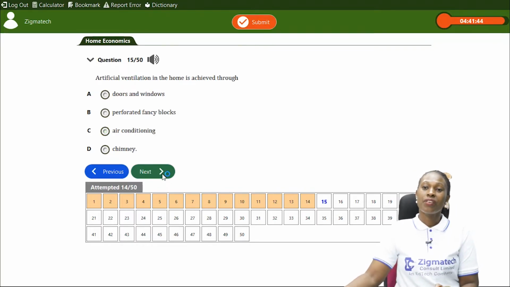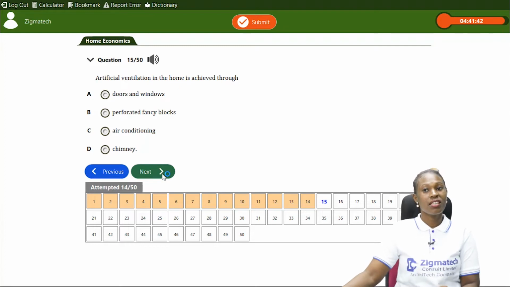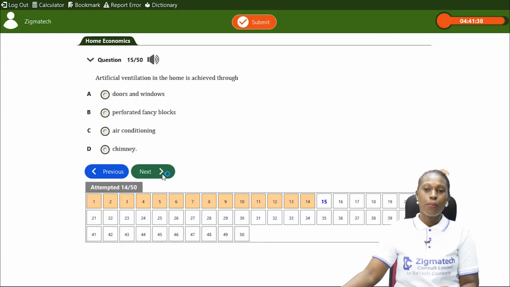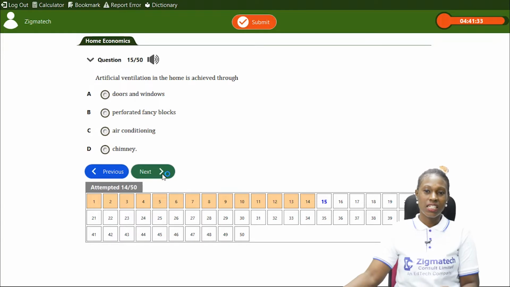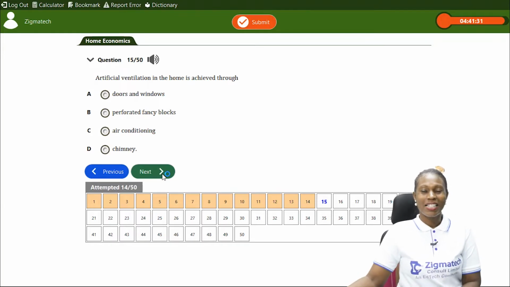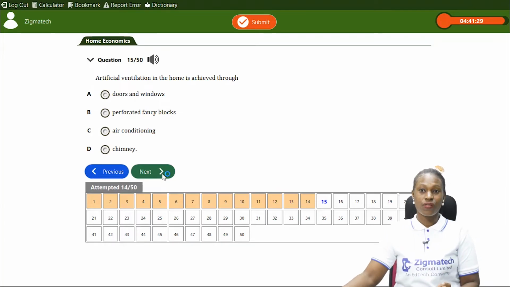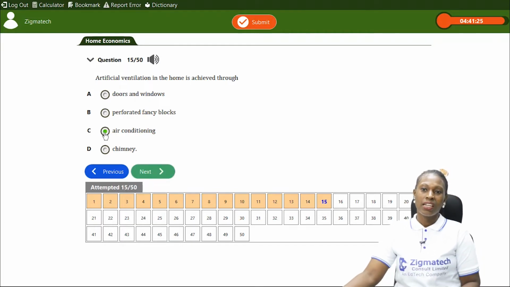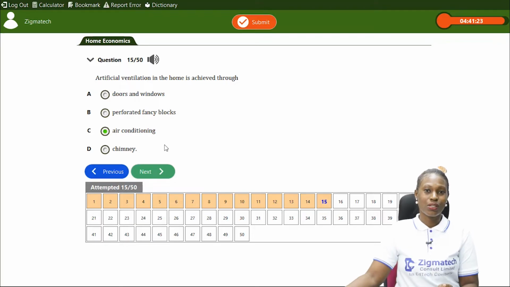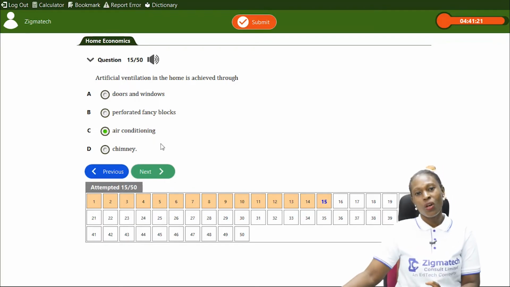Now, artificial ventilation in the home is achieved through: A, we have doors and windows, B, perforated fancy blocks, C, air conditioning, D, chimney. Now, artificial ventilation is achieved in the home through air conditioning, okay? Now, what the air conditioner does is to take moisture and heat away from the house.